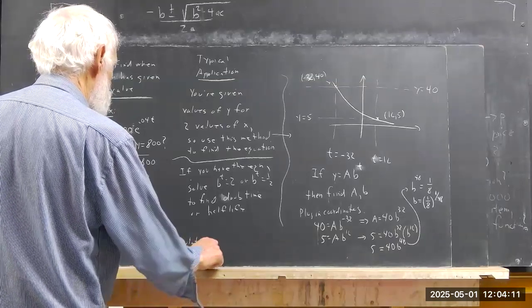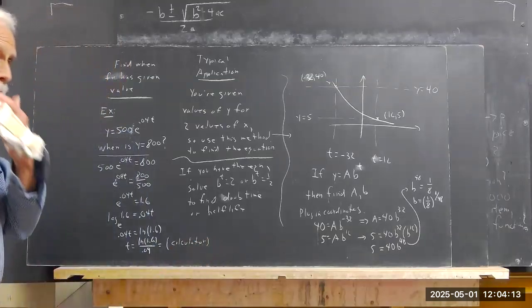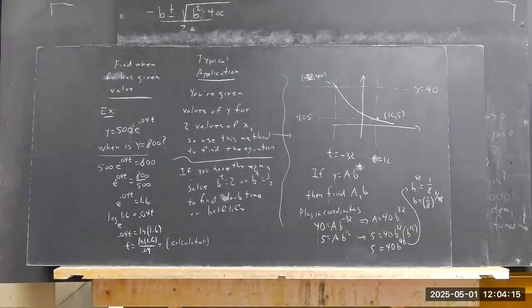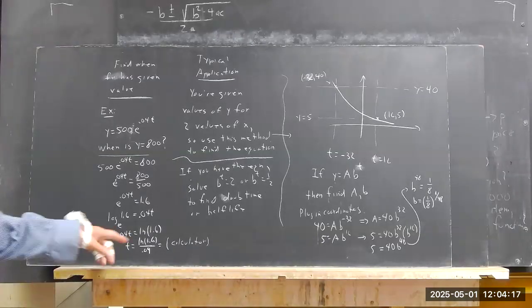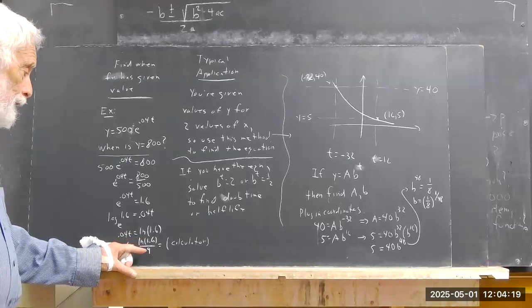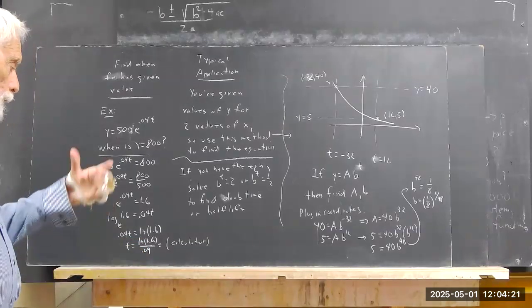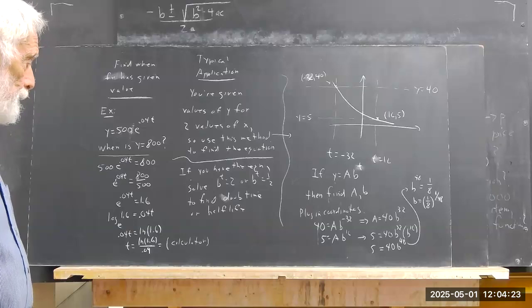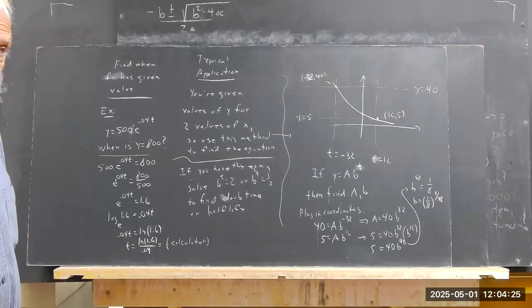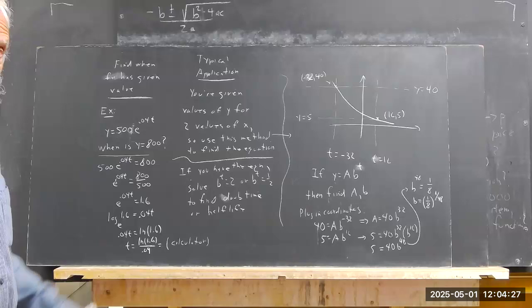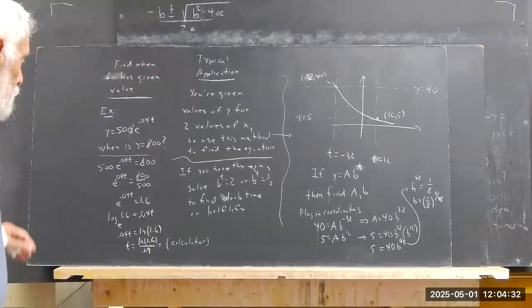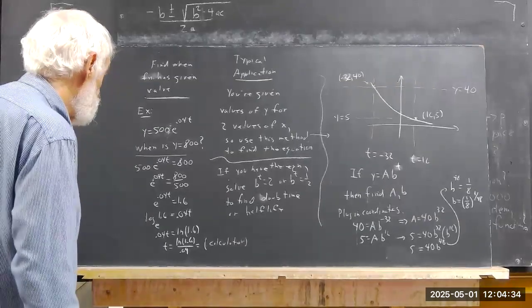use your calculator. Okay. Now, natural log of 1.6 is kind of close to 1/2. And if you divide that by 0.04, I think you get about 12.5. But I'm not going to write that down. Okay. Plug it into your calculator and see if my brain halfway functions.